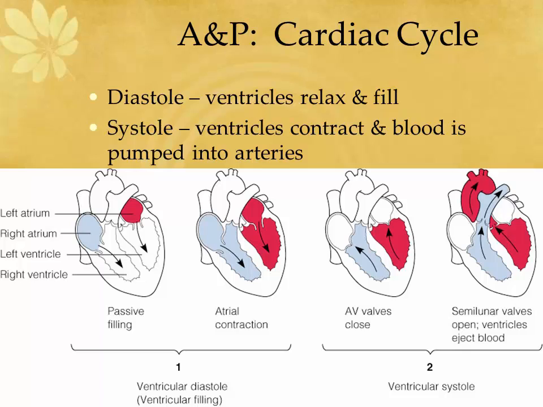This correlates to your blood pressure. So the diastolic number is when the heart is relaxed, and the systolic number is when the heart is doing its most work. So when we have an elevated systolic, that tells us that there's resistance being met somewhere.